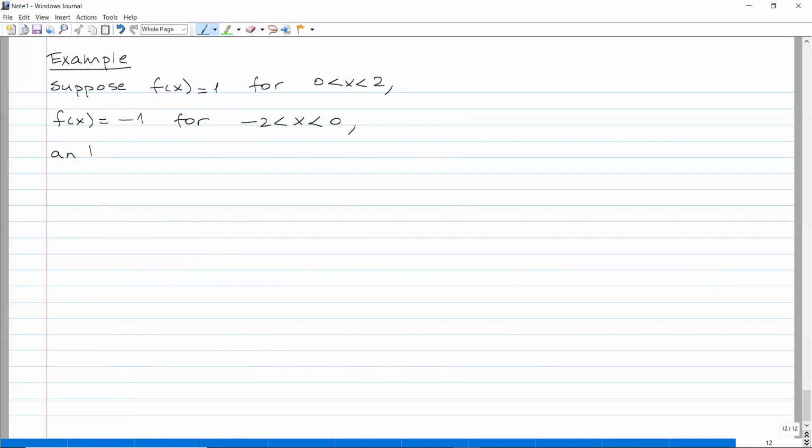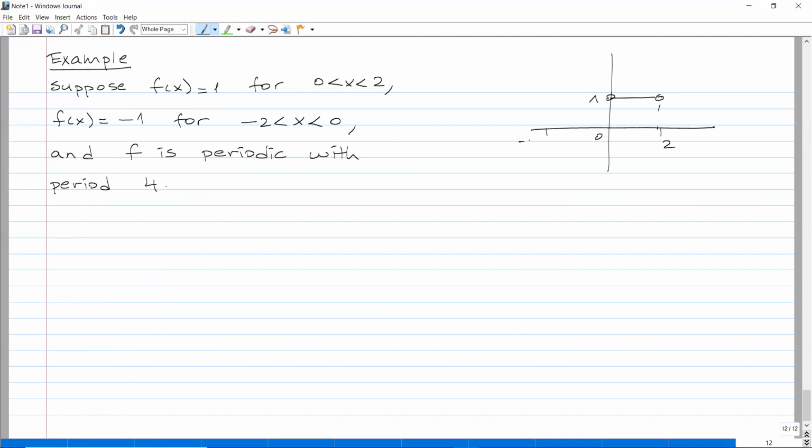And f is periodic with period 4. We are given the function for x between 0 and 2 to be 1, and from minus 2 to 0 to be minus 1. It doesn't matter what happens at 0, plus 2 and minus 2, because the important thing is the intervals. And then it has period 4.